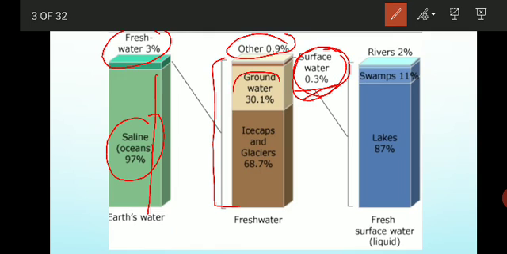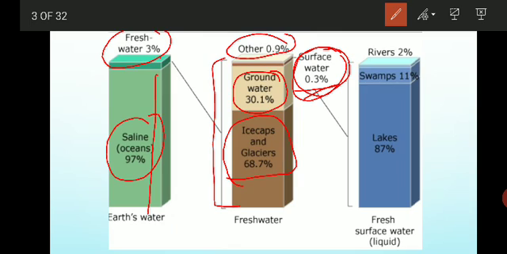Then the maximum available, that is 30.1%, is groundwater, and more water is trapped in the ice caps of glaciers, that is in the form of ice, in the polar regions as well as wherever there are cold places.